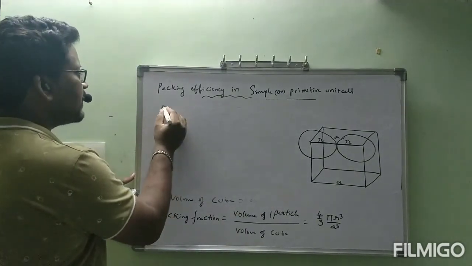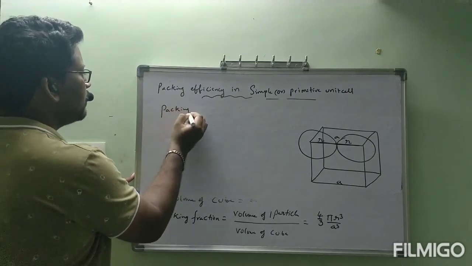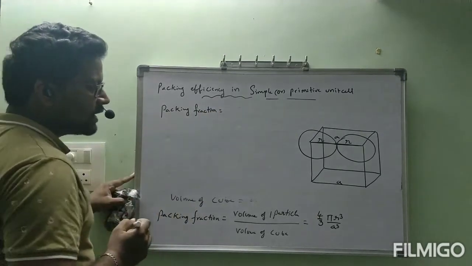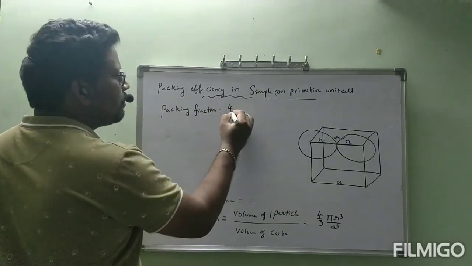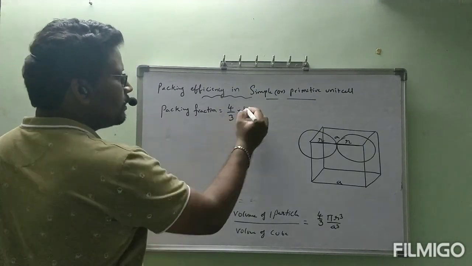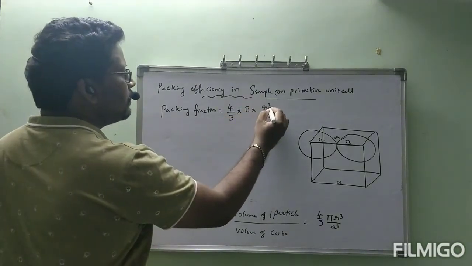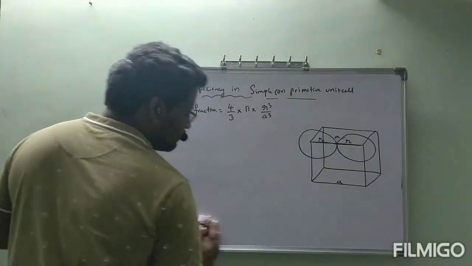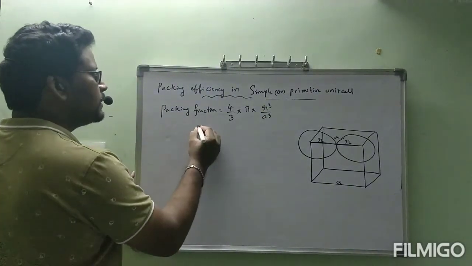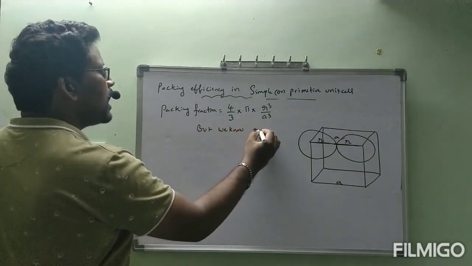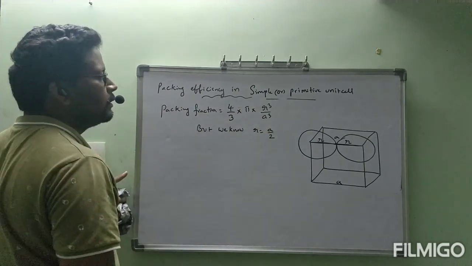Packing fraction is equal to 4 by 3 into pi into r cube by a cube. But we know r is equal to a by 2.